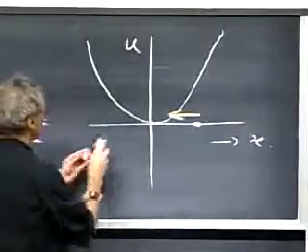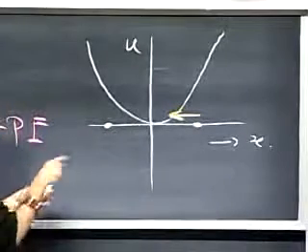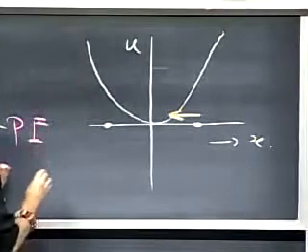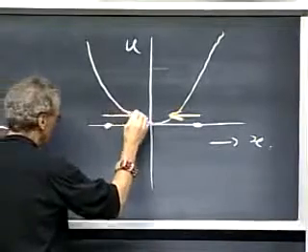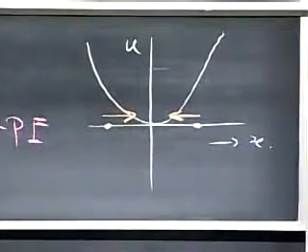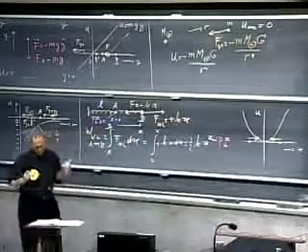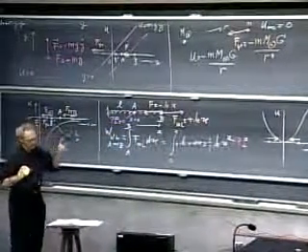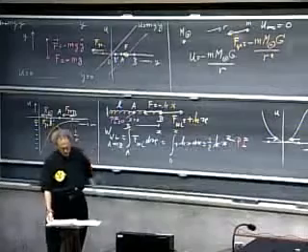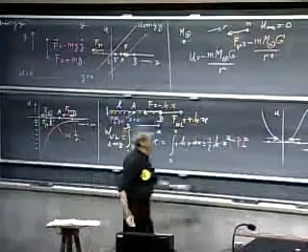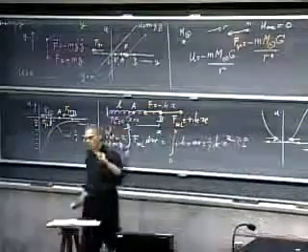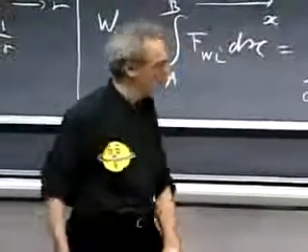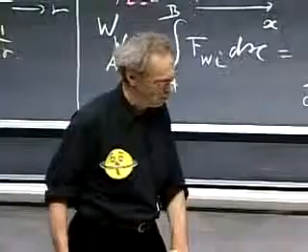If you're here, the force is always in the direction opposing increasing potential energy. Increasing potential energy is in this direction, so the force is in this direction. You see, it's a restoring force. The force is always in the direction opposite to increasing potential energy. If you release an object here at 0 speed, it will therefore go towards lower potential energy. The force will drive it to lower potential energy.